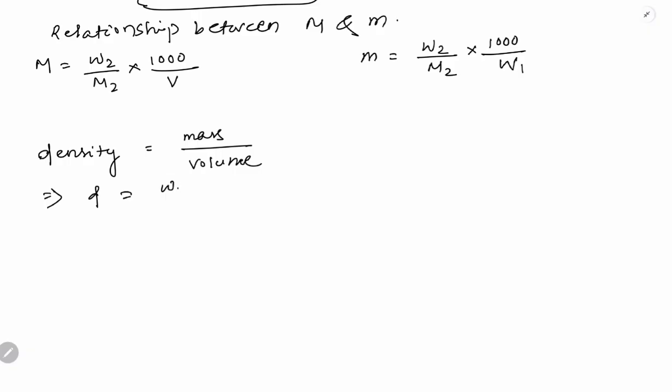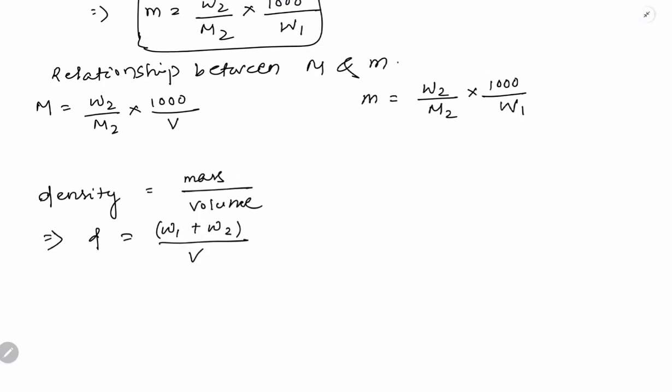Mass of solvent is W1, mass of solute is W2. Solution is a mixture of solute and solvent, so mass of solution becomes W1 plus W2. And the volume of solution is V, which we have taken already.